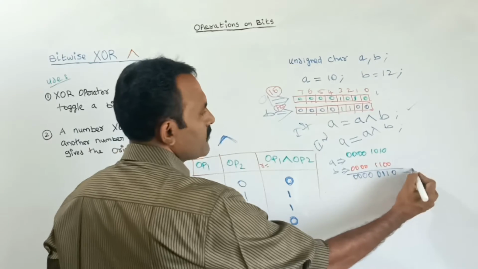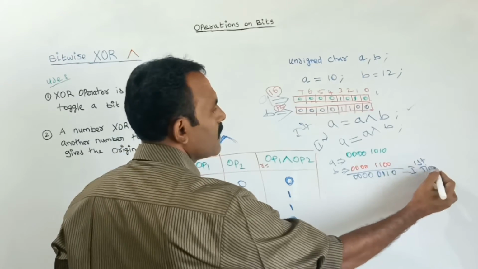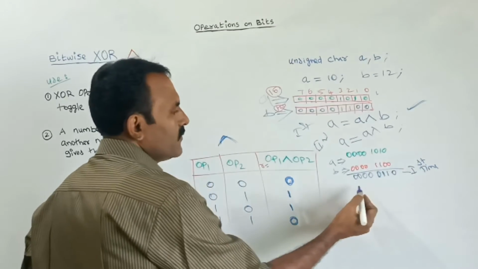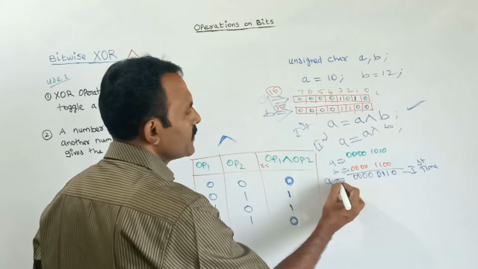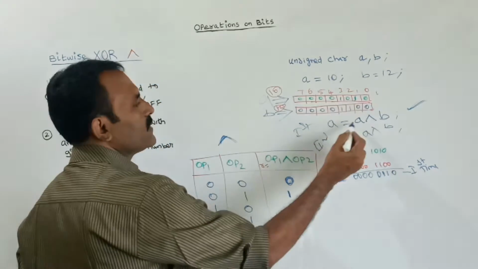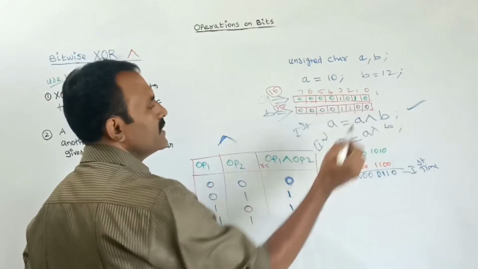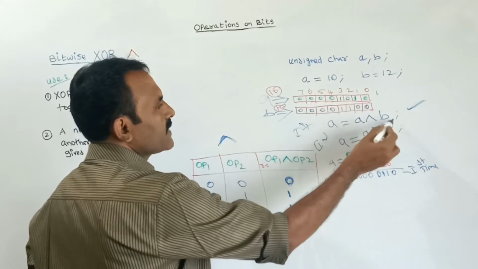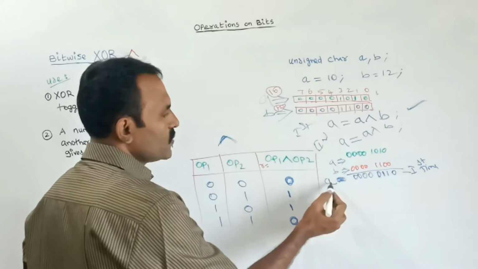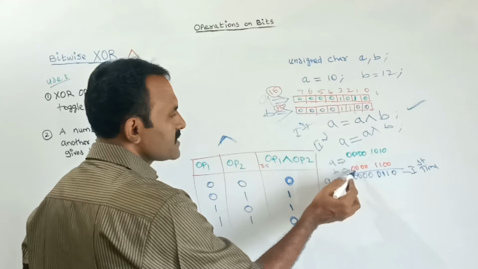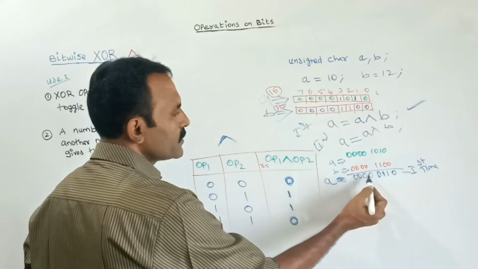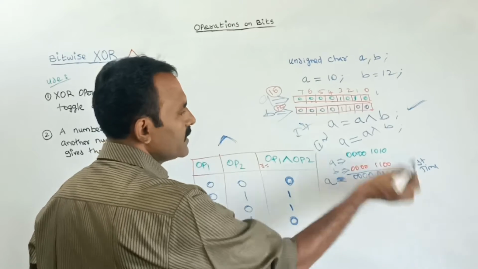This is the first time A is XORed with another number. After XORing A with B, that result is stored in A itself. So finally at the first step, A holds the value 0 0 0 0 0 1 1 0.